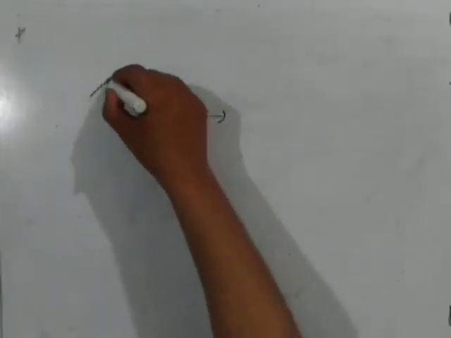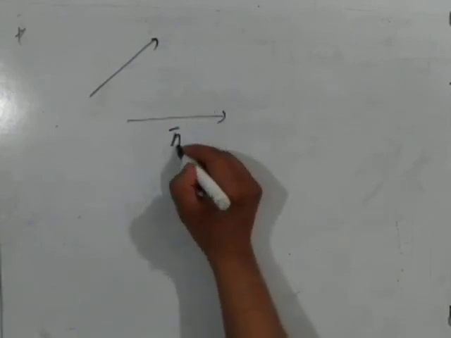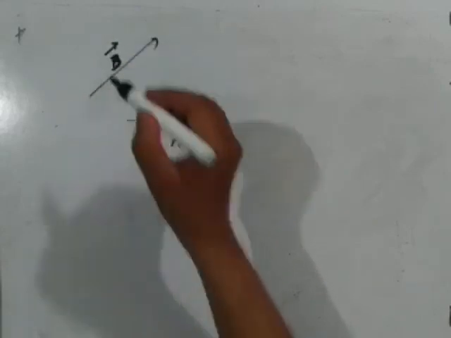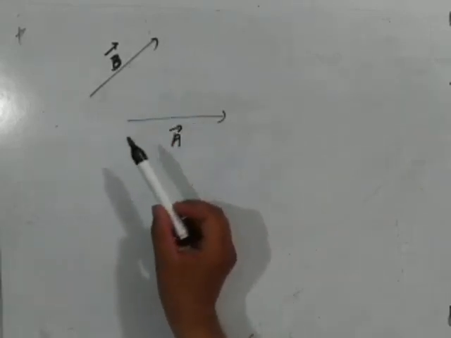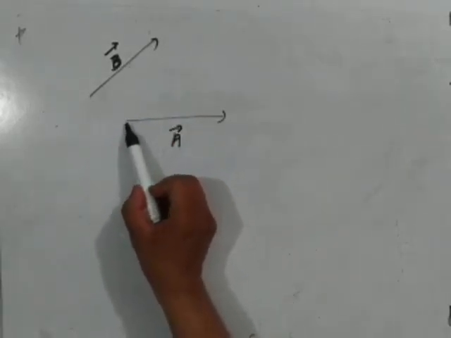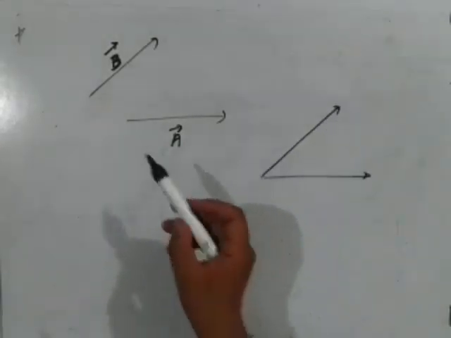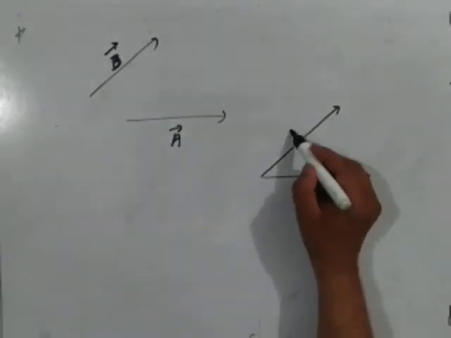Now, before we start triangle's law of vector addition, one thing should be noted. If there are two vectors, A vector and B vector, and we have to find out an angle between them, then we will just place this vector B with the tail of A vector like this, without changing the direction of A vector as well as B vector.